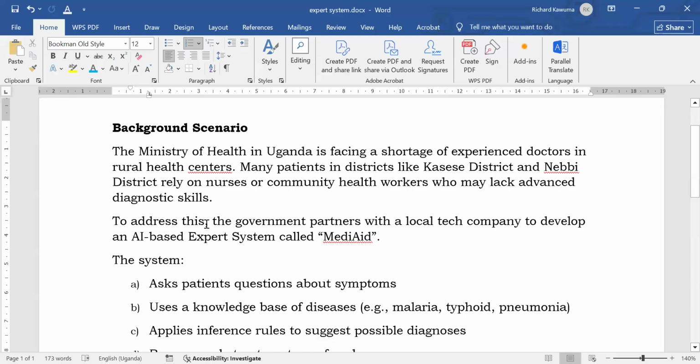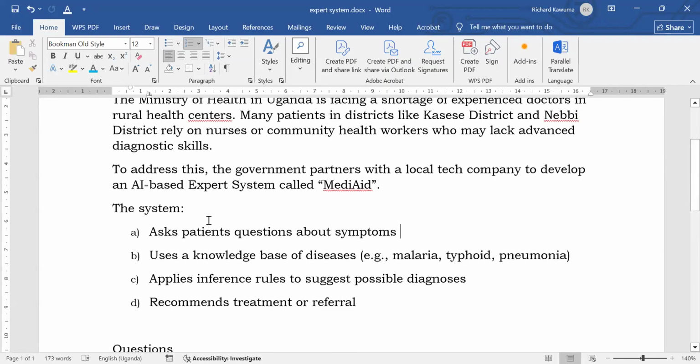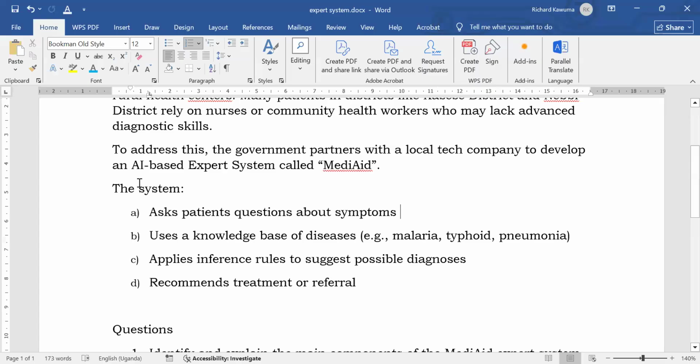So to address this, the government partners with a local tech company to develop an AI-based expert system called MedAid. Okay. So this is the requirements for this. This is what the government expects from this system.